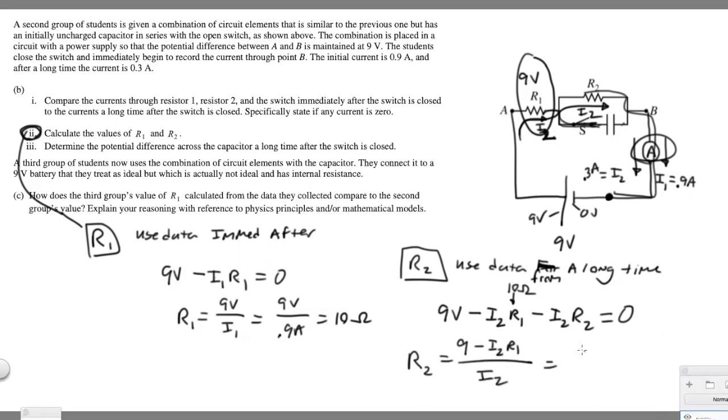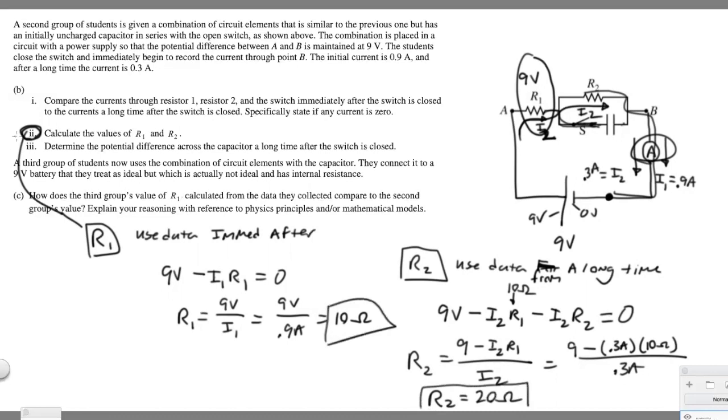So this will be 9 minus I2 is 0.3 amps, R1 is 10 ohms because we just did that, and then divided by I2, which is 0.3. So R2 comes out as 20 ohms. So we got R1, R2. We're done with that part.